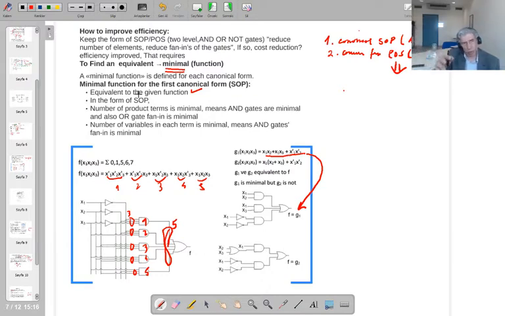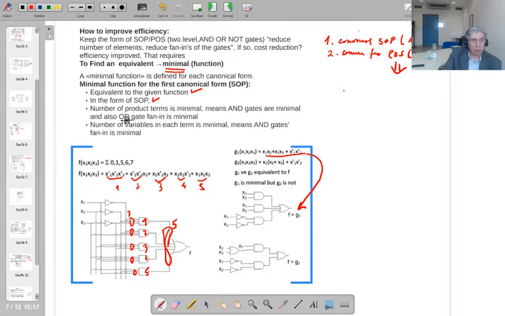So let's consider the sum of products form now. It should be equivalent to the original function, and it should be in sum of products form. In the sum of products form function, the number of product terms should be minimal. Meaning in practice, the number of AND gates is minimal. So these are minimal.